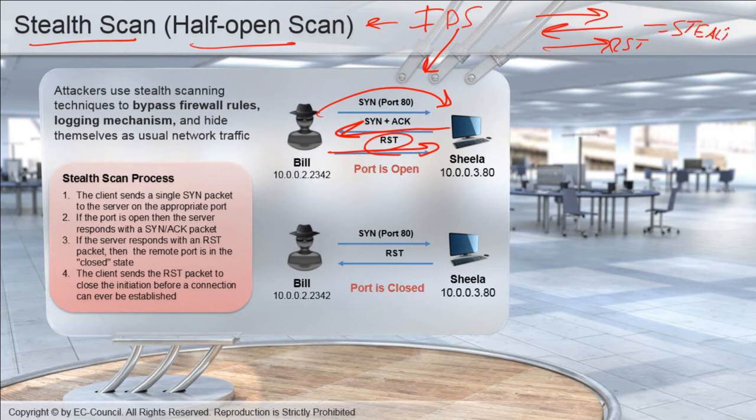So in most scenarios, the stealth scan will actually get logged and create an alert on an IDS, where a full connect scan will not. They don't tell you that in the book. As far as the book and the test are concerned, this is what you can use to bypass firewall rules and logging mechanisms and hide your traffic. But in reality, this is probably going to make more noise than a full connect scan.